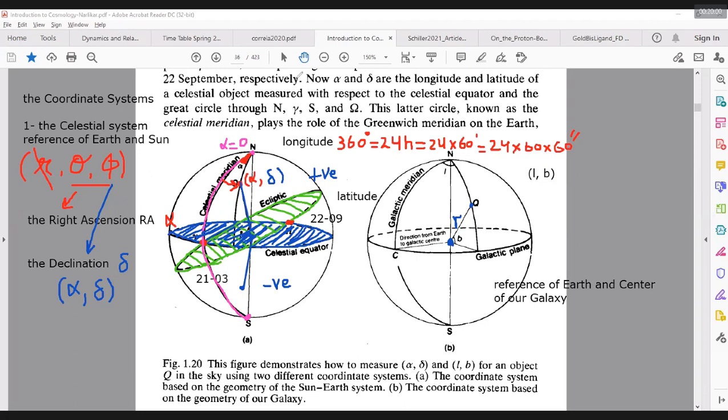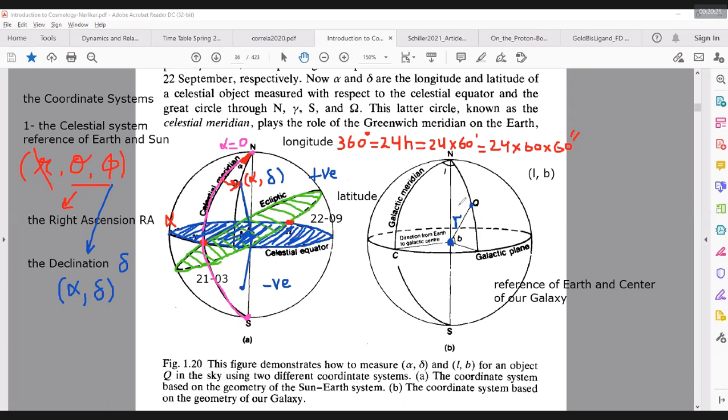So very first thing is, the sphere is designed about the center of the galaxy with the radius equal to the distance of the object, and then there is the galactic plane.